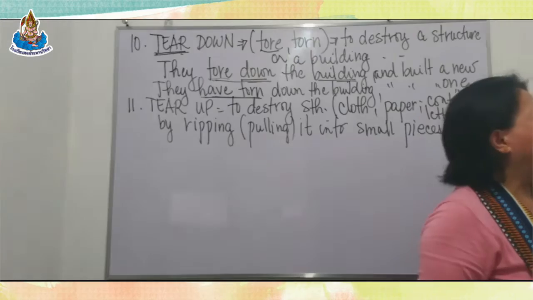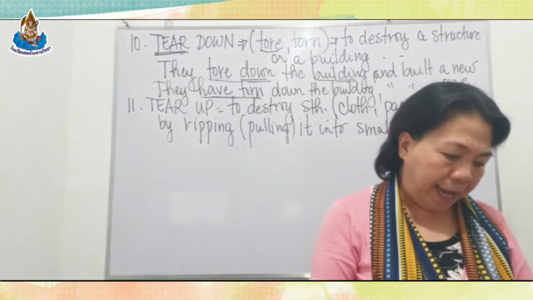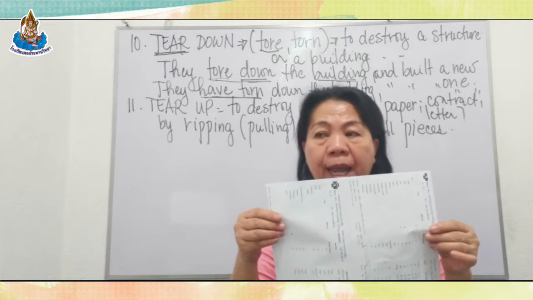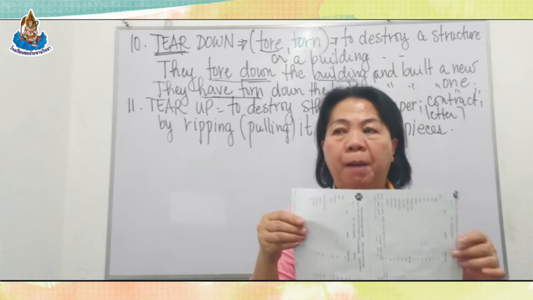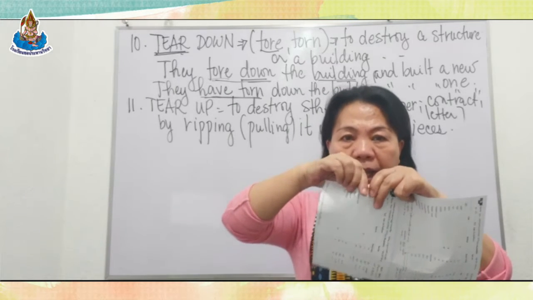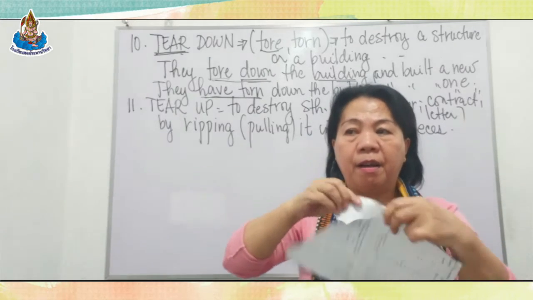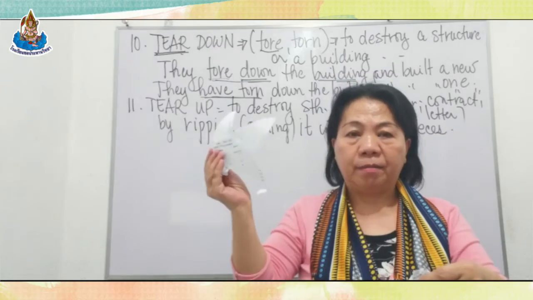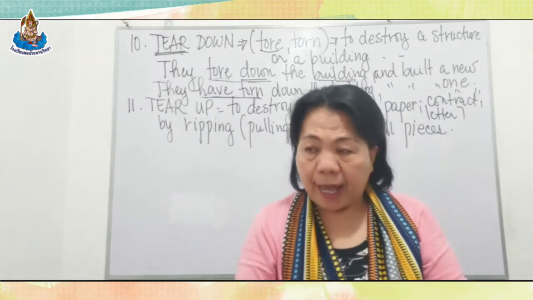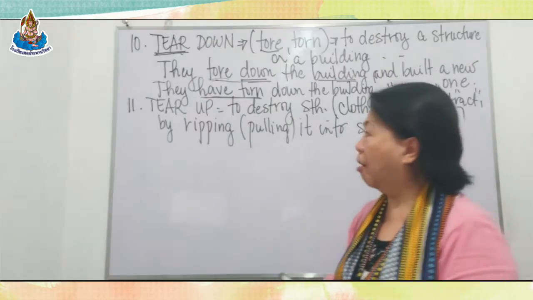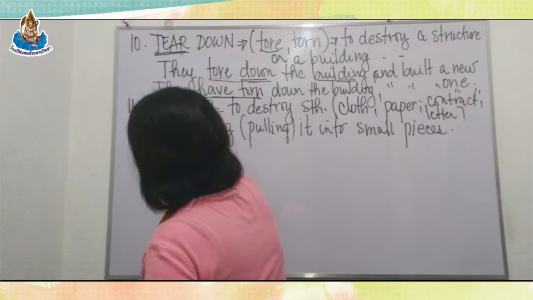Maybe to at least show you, I have a piece of paper, and when you're going to tear up, then just tear it into small pieces like this. That is tear up. Okay? Now, let's have the example sentence.